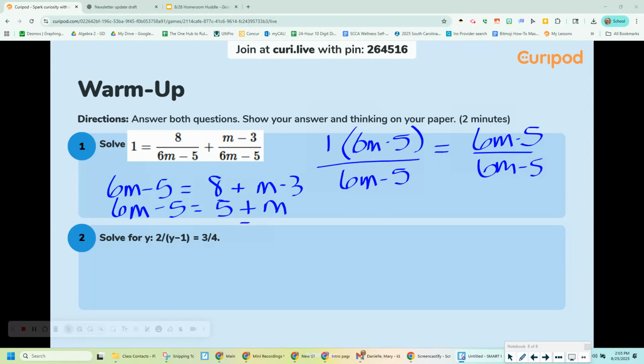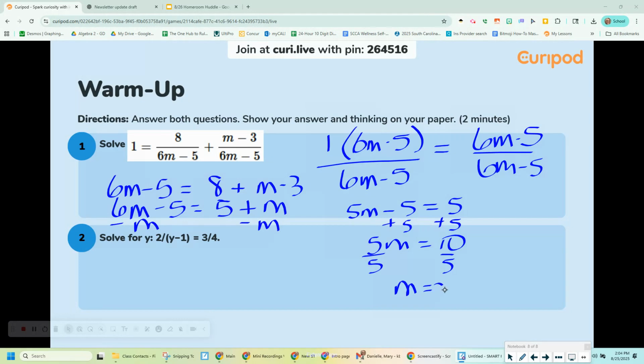I'm going to subtract m from both sides to give me 5m minus 5 equals 5. Then I'm going to add 5 to both sides to give me 5m equals 10, and divide by 5 to give me m equals 2.